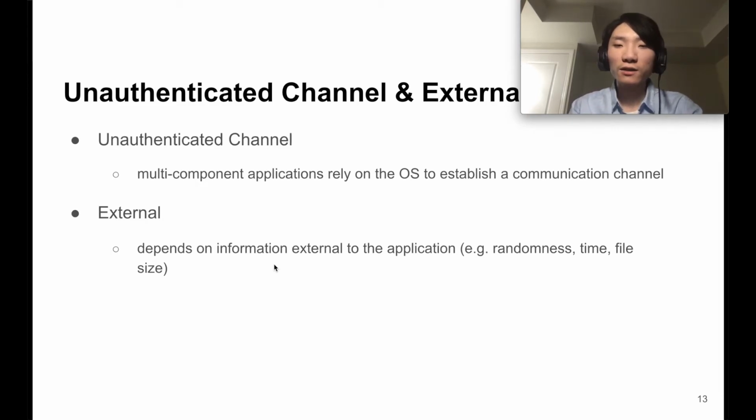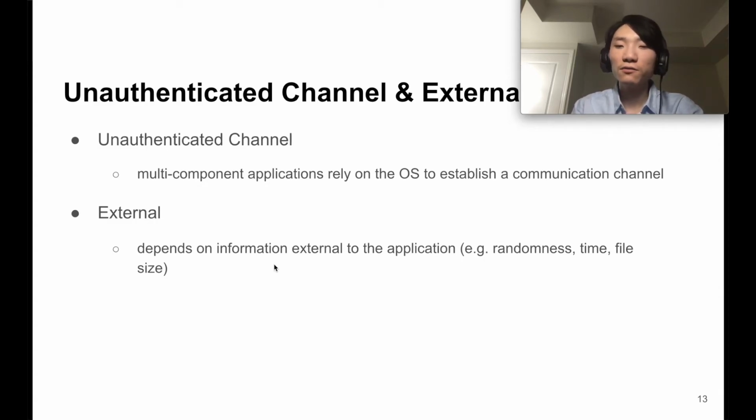For unauthenticated channels, some multi-component applications rely on the OS to establish a communication channel via pipes. The receiving end may use a syscall like read to retrieve data provided by another component. When no authentication is performed, an Iago bug may result.